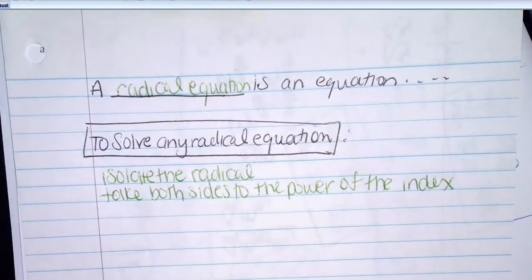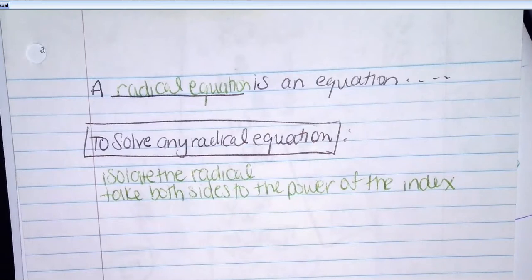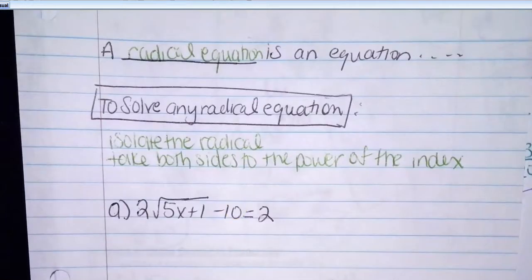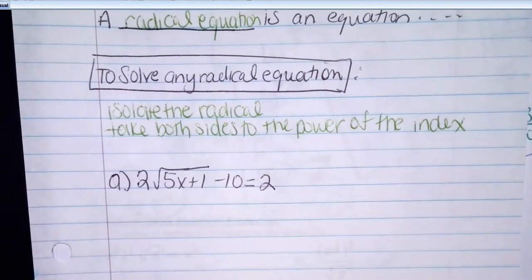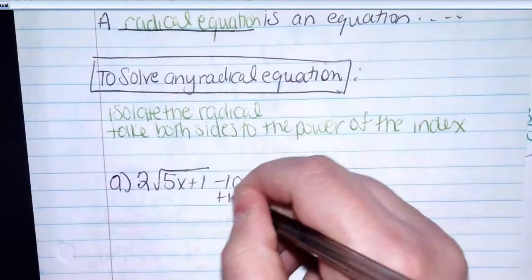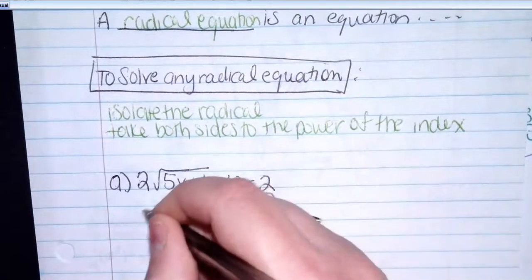So you want to get the radical expression by itself, and then raise each side to the power of the index. What I mean by that is, if you're doing a square root, then you're going to raise it to the power of 2. All right, so for letter A, we're just going to isolate the radical. So get rid of any addition or subtraction first.